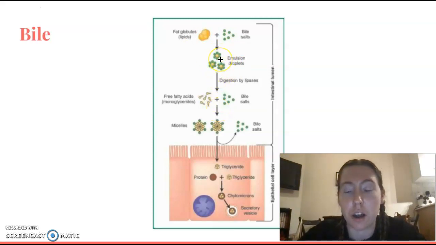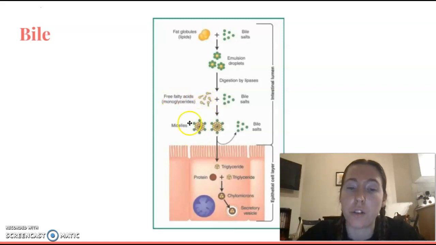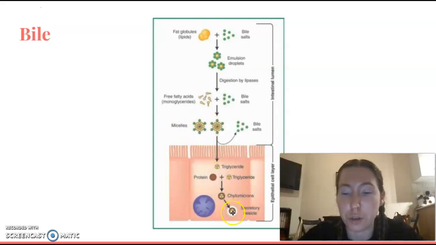So that would turn our larger tri- or diglycerides into monoglycerides or free fatty acids, which can then form micelles, which then would allow the active or passive absorption of the lipid into the body.